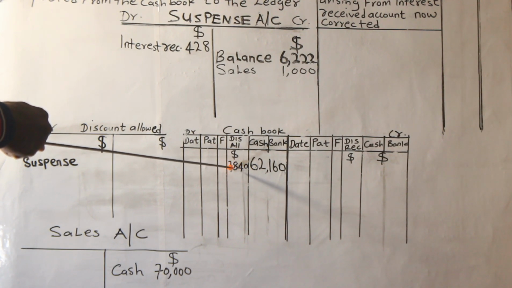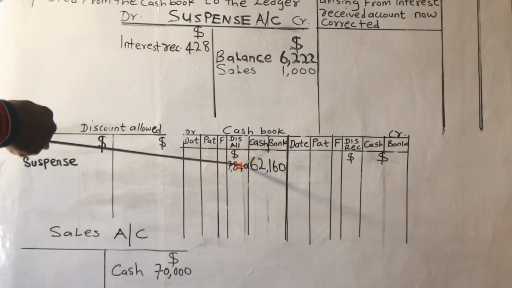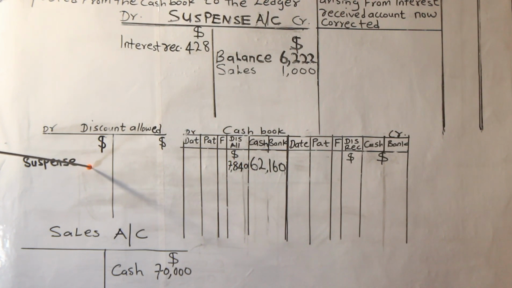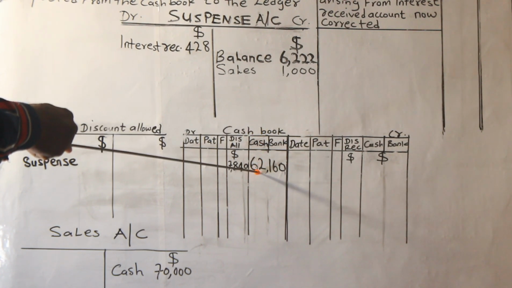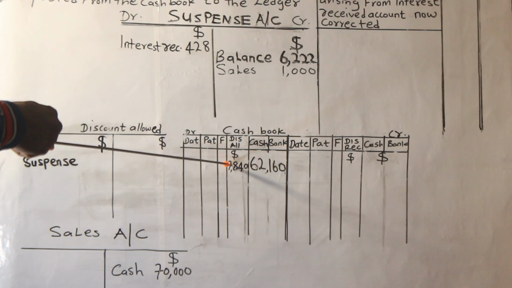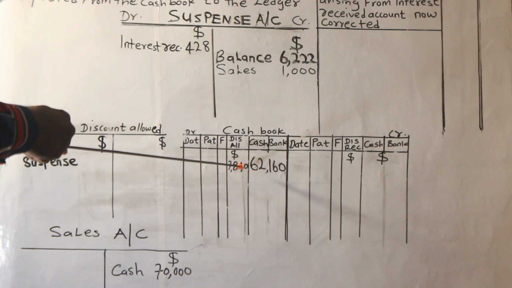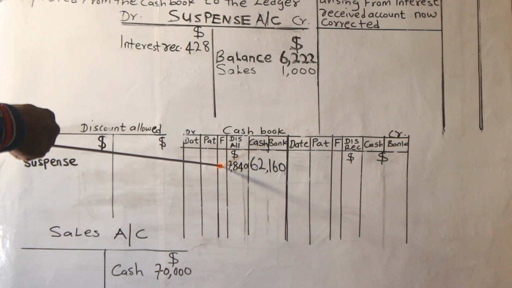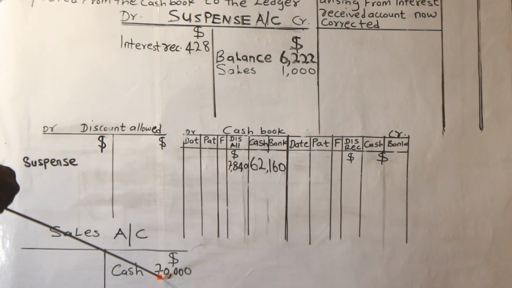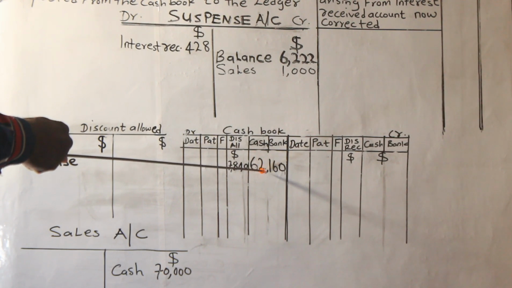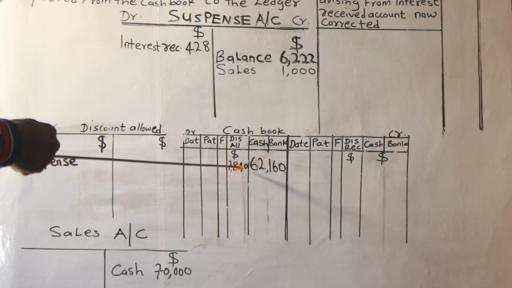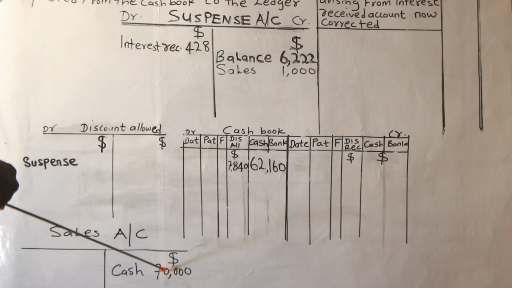So that once the trial balance recognizes this 7,840 on the debit side of the discount allowed account and also recognizes the debit on the cash book, 62,160, the combination of these two debits in the cash book and in the discount allowed account, that is 7,840, will now make up for a corresponding credit entry of 70,000 in the sales account. That is 70,000 credited to sales, and this credited to cash book and this credited to discount allowed makes up this 70,000. Then the trial balance will balance.